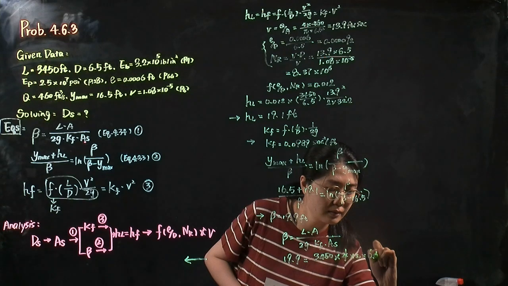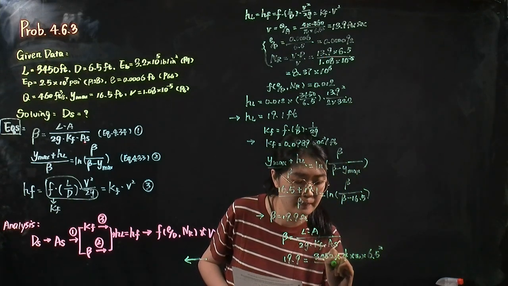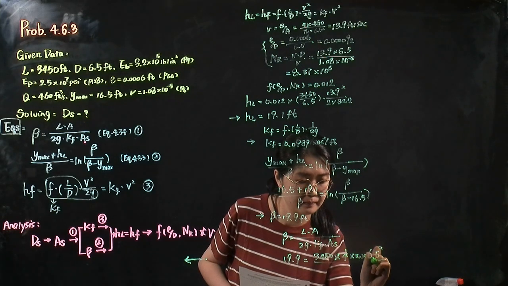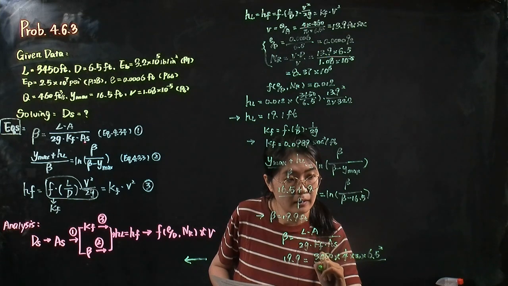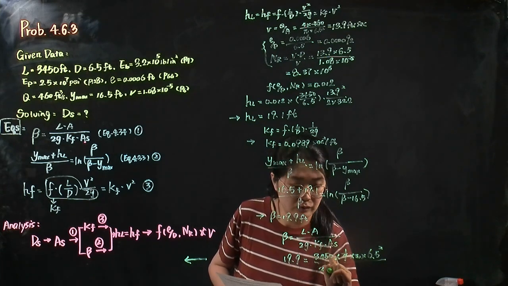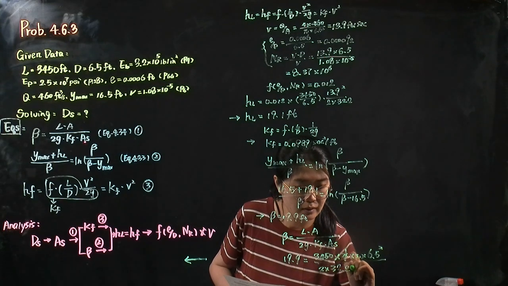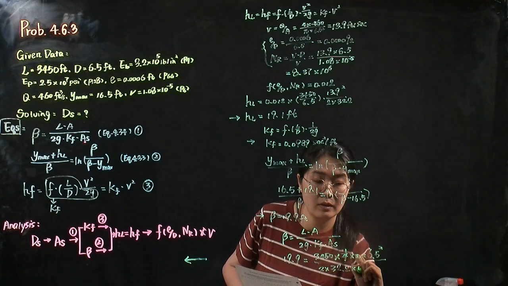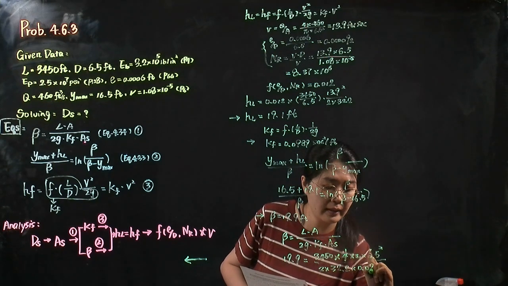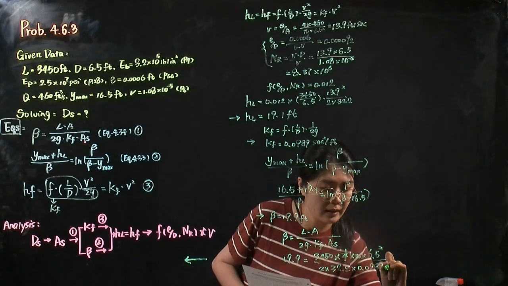D is 6.5 feet. Two times 32.2 times K sub F, which equals 0.0989 times the area of the surge tank.